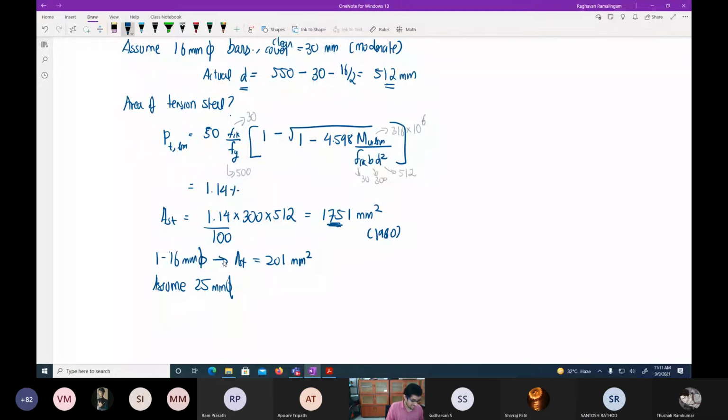So I'm actually trying something else now. I'm trying two numbers of 25 mm and 3 into 201, 603, plus 1583.